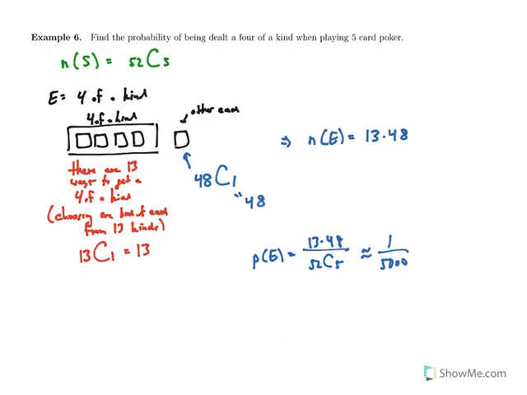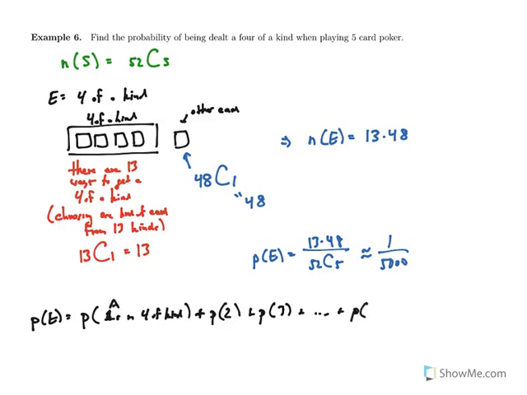Another way to think about this is the probability of E here is the probability of getting 1s in a 4 of a kind, plus the probability of getting 2s, plus the probability of getting 3s. 1s are aces, I should say, all the way to queens and kings.